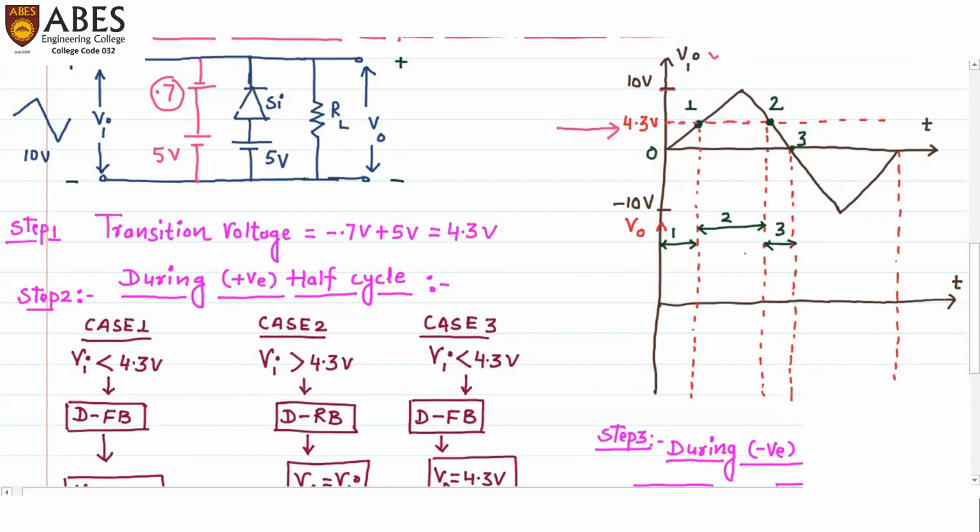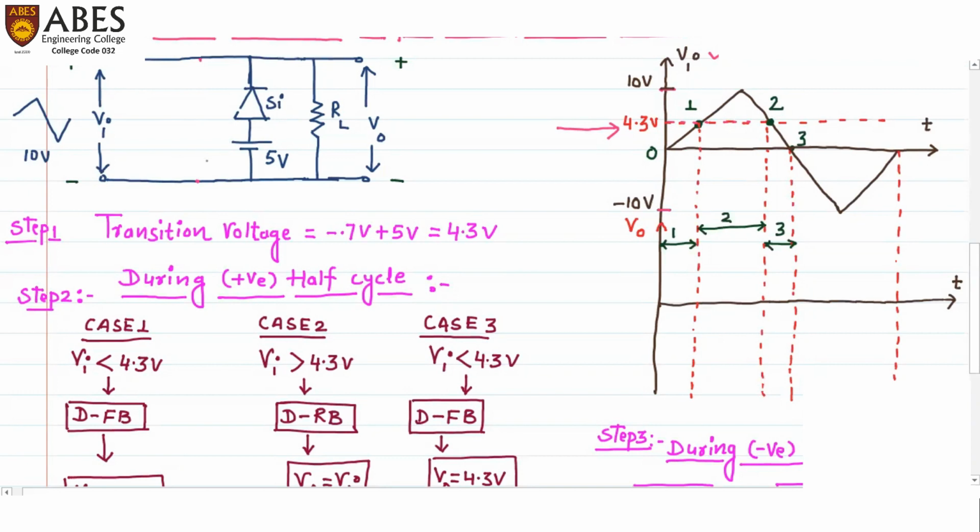So let's take case number 1 first. In case number 1, you can see I have written Vi is less than 4.3, which is the transition voltage. As I have told you earlier, whichever voltage is higher is going to decide whether the diode will be forward biased or reverse biased. Here the battery voltage is greater than the input voltage.